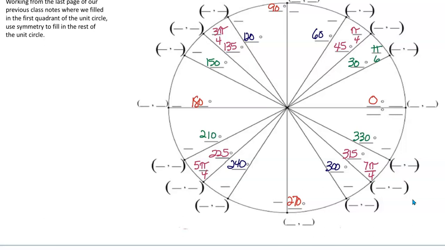pi over 6, skip the 45 degrees, the pi over 4, and then this is 2 pi over 6. Here's 3 pi over 6.